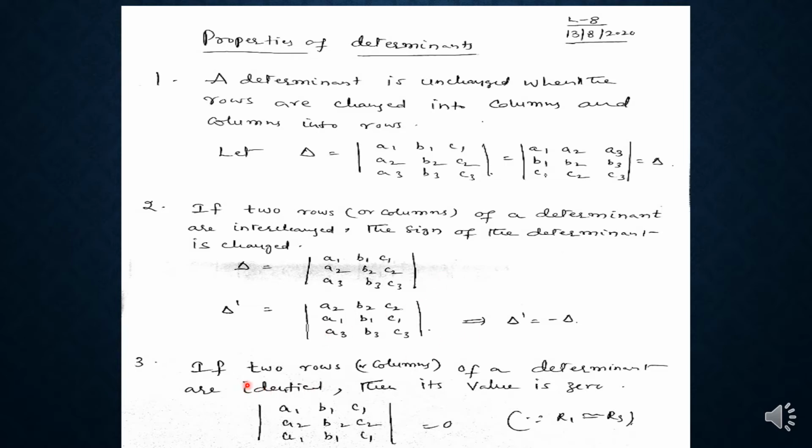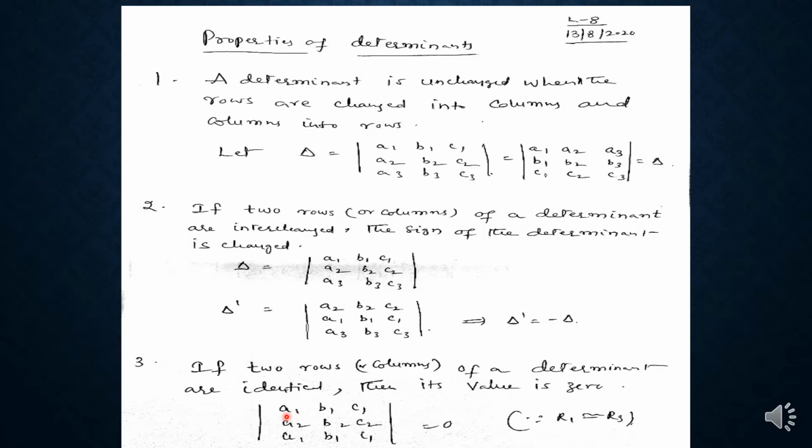Third property: if any two rows or any two columns of a determinant are identical, then its value is 0, without evaluating by using Laplace expansion or any other method. Simply we can put the value as 0 when any two rows or any two columns are identical. For example, see this determinant.